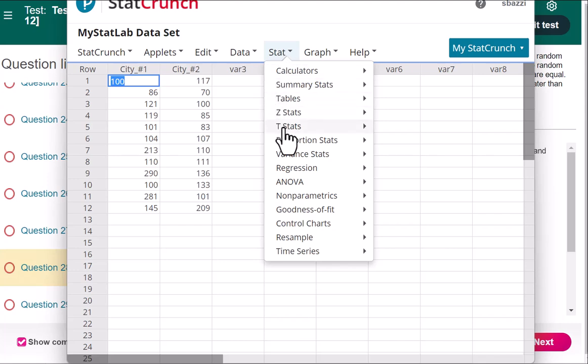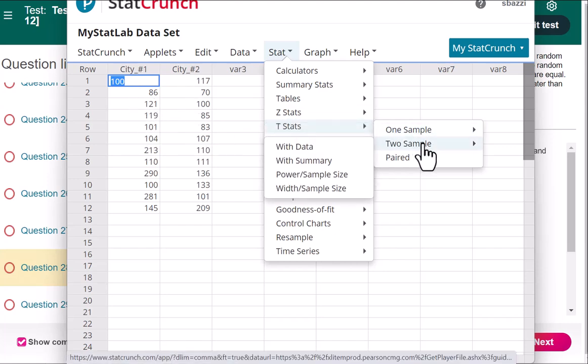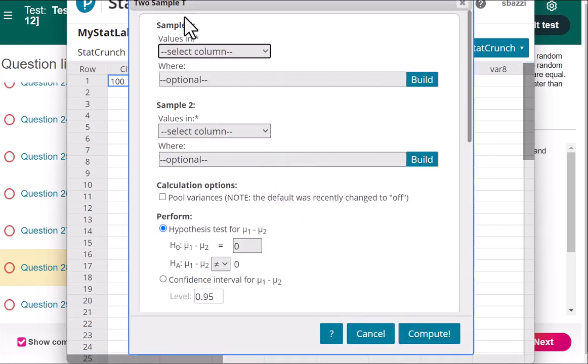Go to Stat, T Stat, and the calculator will be two-sample t-tests, but you have to put the data in L1 and L2. Two sample with data this time. I don't have a summary. City 1, City 2. You only select pooled when he says population variances are equal or population standard deviations are equal. Since he says assume they're not equal, it's off. Leave it like that.